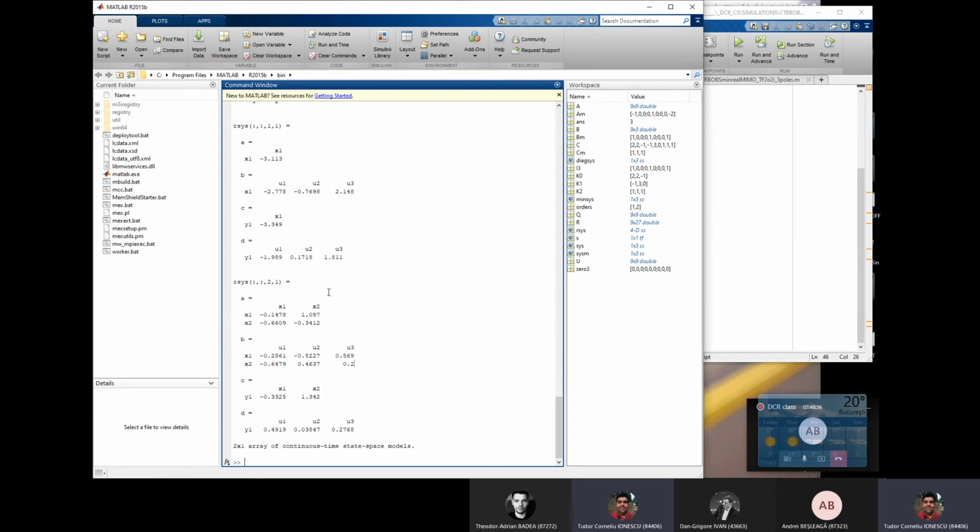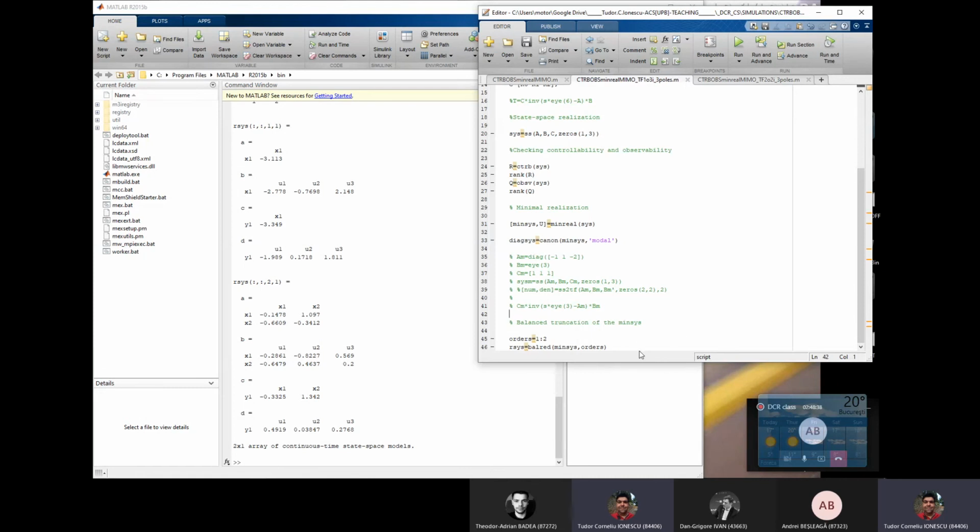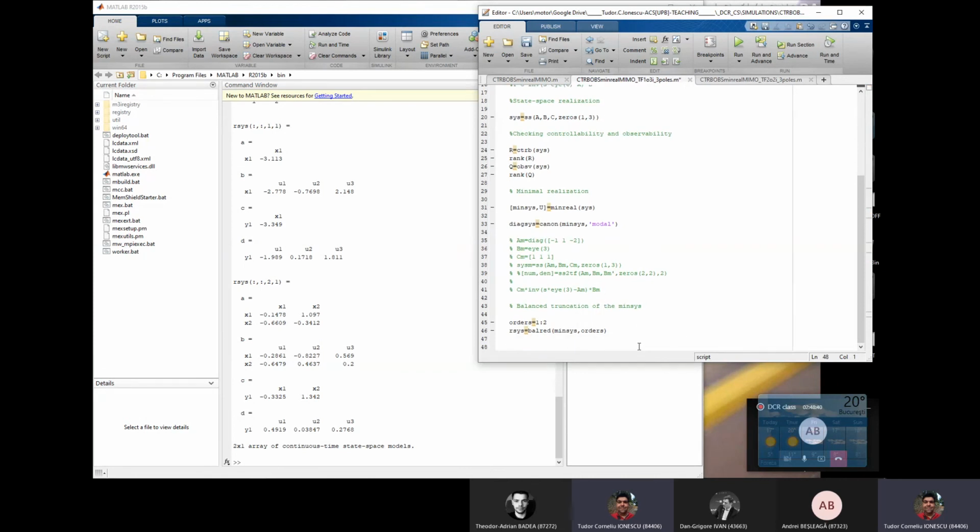Okay, let's plot them. To have a full view of the response, we just look at the frequency response, at the Bode plots. So we just use bodemag, min sys, and RSys.